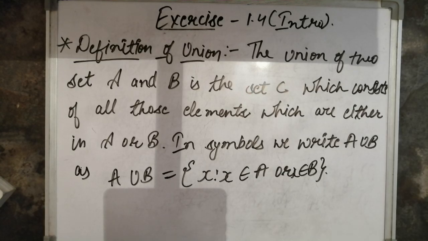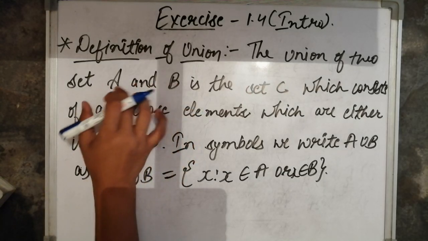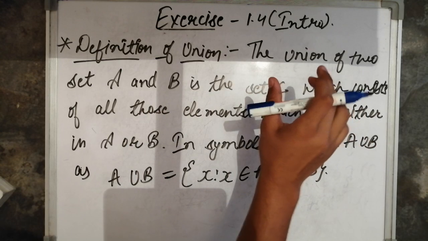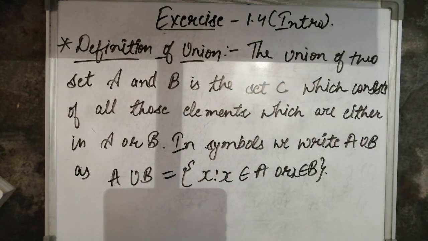This definition means that the two sets A and B union will give the set C, which will definitely contain the elements of A set and B set simultaneously, and in set builder form we will write it as X such that X belongs to A or X belongs to B.